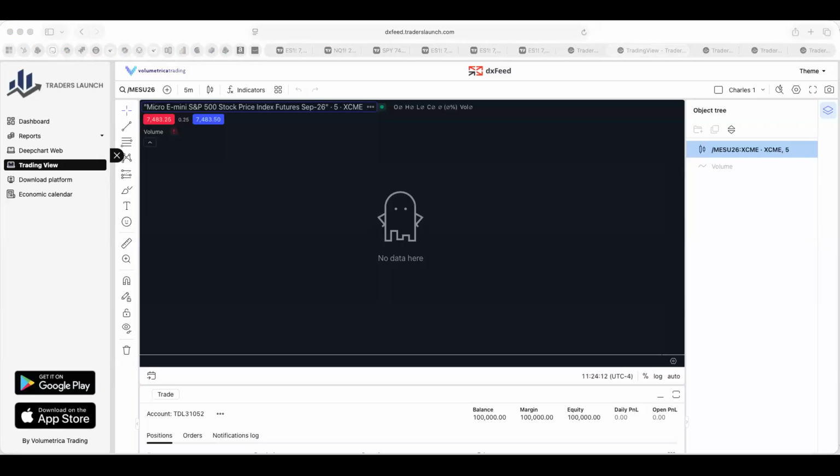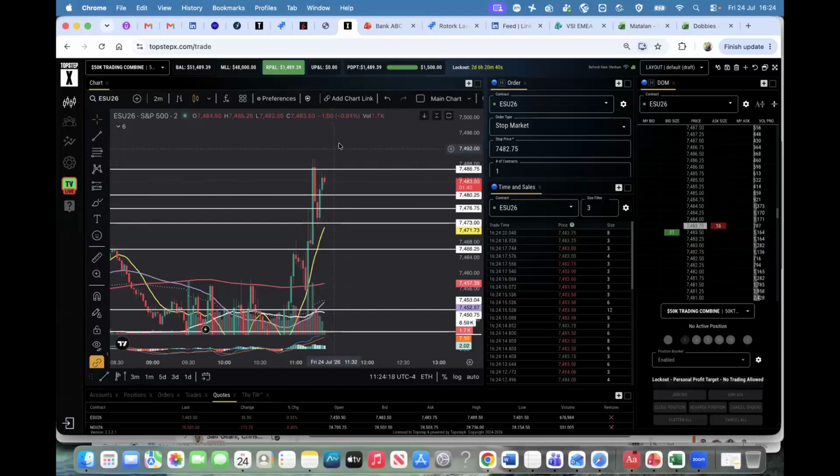Let me share the screen. Hold on. I've hit my profit target. Can you guys see the screen? If I try, it won't let me trade. It's blocked me. I'm on 1,489 or whatever, but it's 1,500.